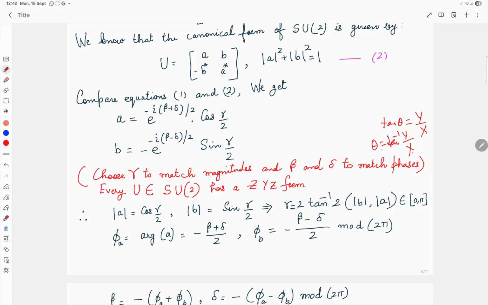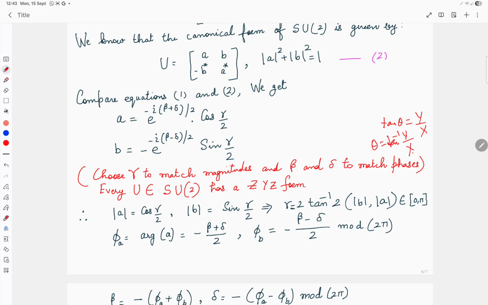But there are some problems when you try to find tan inverse y by x as it is, because it will not determine theta for different quadrants. For example, in the first quadrant both y and x will be positive, and in the third quadrant both y and x will be negative.